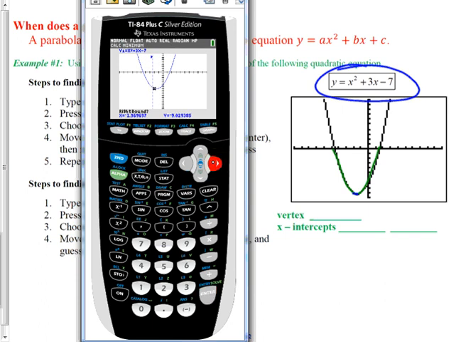Hit arrow, arrow, arrow, arrow, and enter. Last is guess, which means guess where the low spot is. I get right on top of it, and I hit enter. It jumps to the final answer, which is x equals negative 1.5 and y equals negative 9.25.